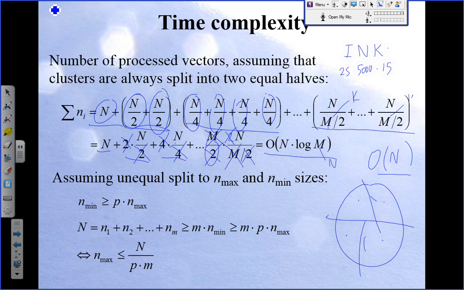I will skip this one, but now this assumes that all the times they are equally split into 2 equal sizes and so on. And this analysis, if you took the algorithm course in autumn, we had a very similar exercise there with the linear time selection or something.